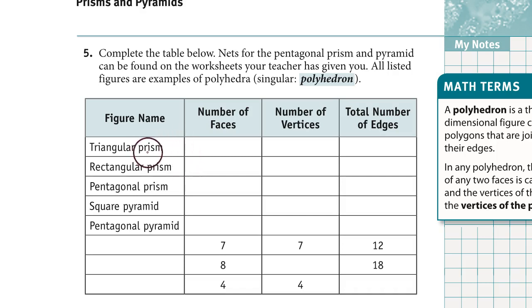In this table, we have names of different prisms and pyramids, and it asks us how many faces do these shapes have, how many vertices, and how many edges. The first one we're asked is a triangular prism. We had a drawing of that on an earlier page. Over here on the left, however, I'm going to draw another one so we have something to look at.